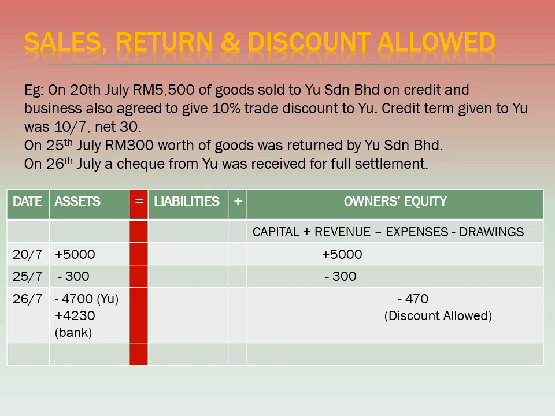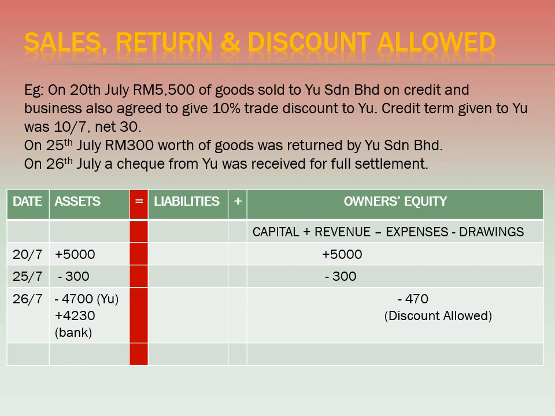On the 26th, used number hard paid to us. The actual amount owed by used number hard is 4,700, because you need to deduct the return that has been made by used number hard. So the actual amount owed by you is 4,700.